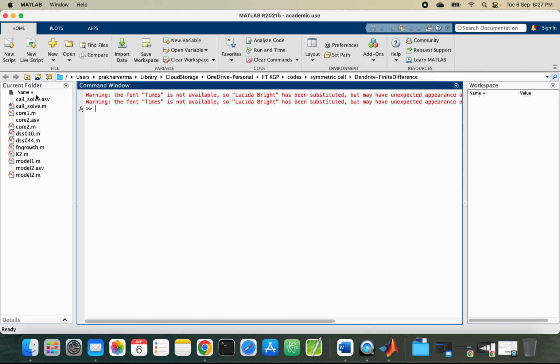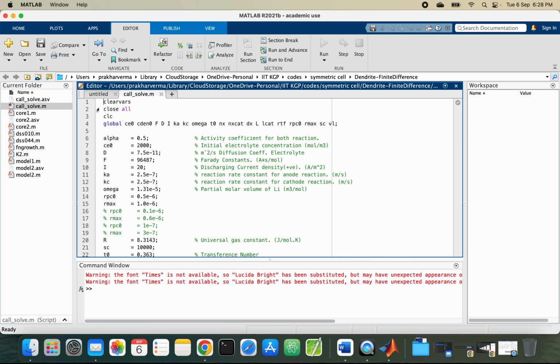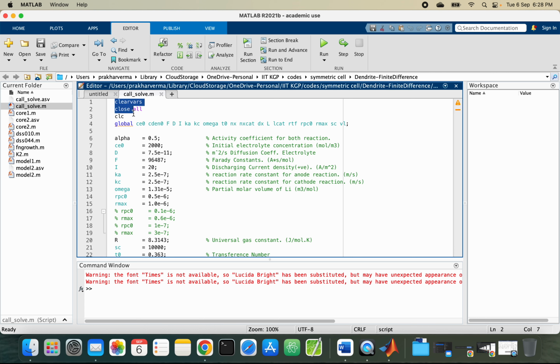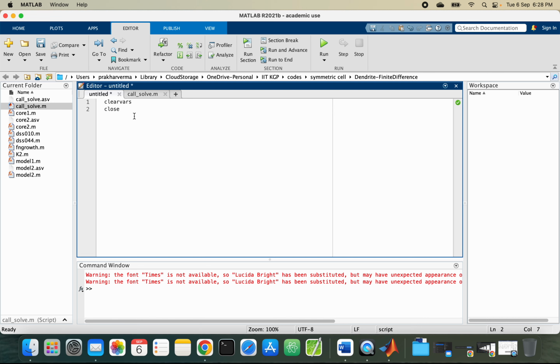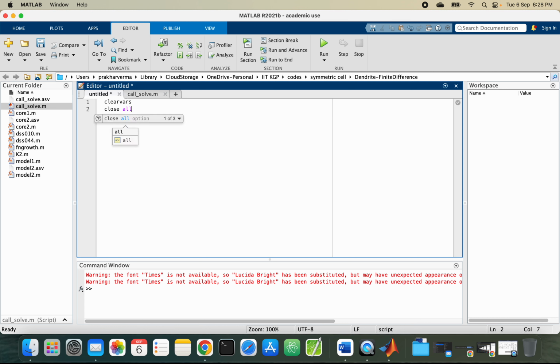So let us create a new script here. Let us write the header lines here. They are quite common, so I will just copy and paste them from some earlier code. We will clear the variables, close all the windows that are already open with close all, and clc to clear the command line.